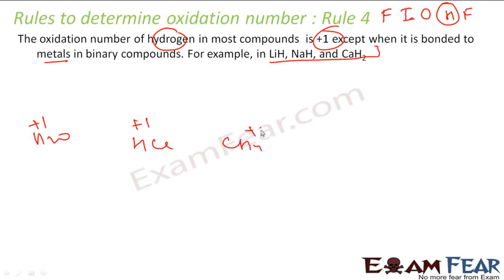Right? CH4 plus 1. Correct? HF plus 1. H2SO4 is also plus 1. But when it is bonded to metal in metal hydrides, for example LiH, NaH, CaH2, here it is different. Here it is minus 1.